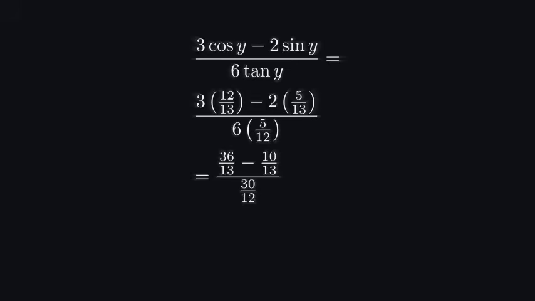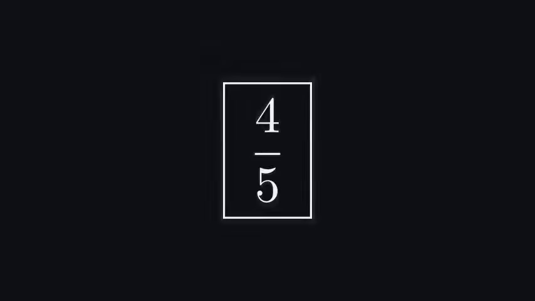This simplifies to 26 over 13 over 5 over 2, which simplifies to 2 over 5 over 2, which is 2 times 2 over 5. Therefore, the final answer is 4 over 5.